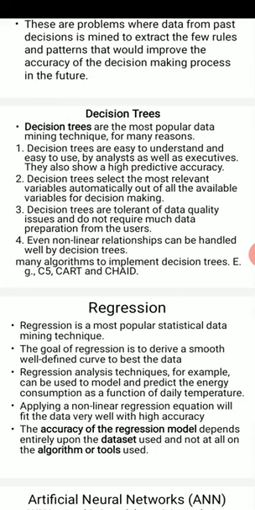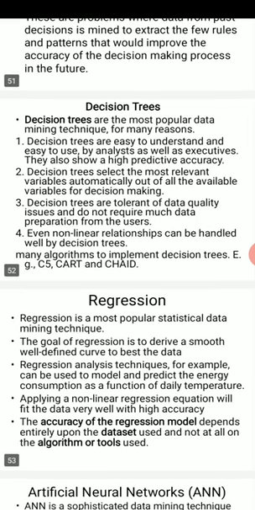Decision trees are easy to understand and easy to use by analysts as well as executives. They also show high predictive accuracy. Decision trees select the most relevant variables automatically out of all the available variables for decision making.